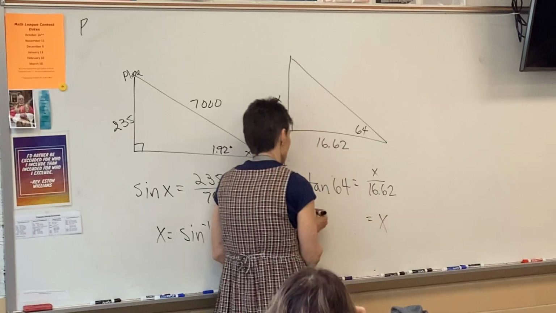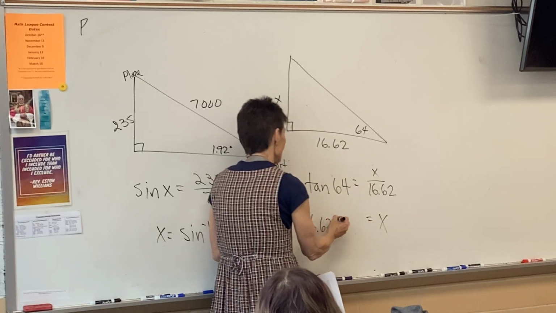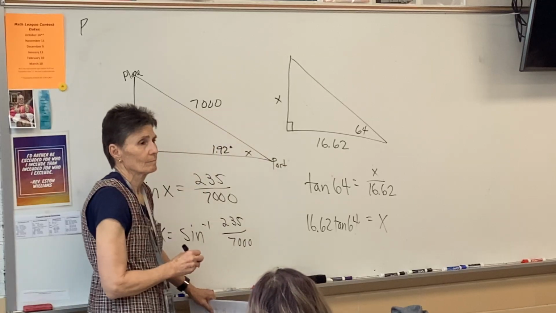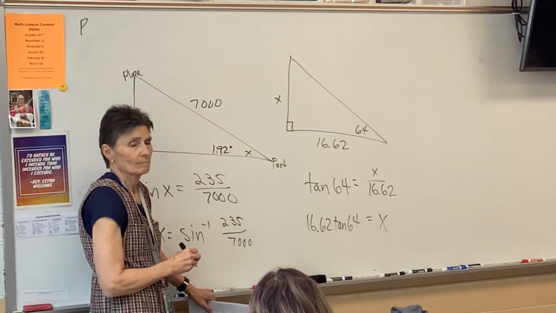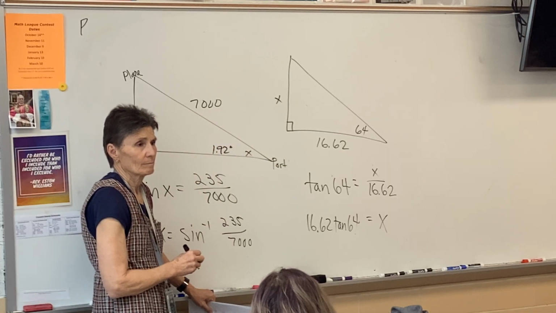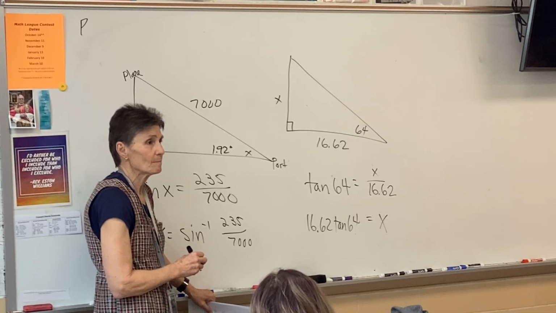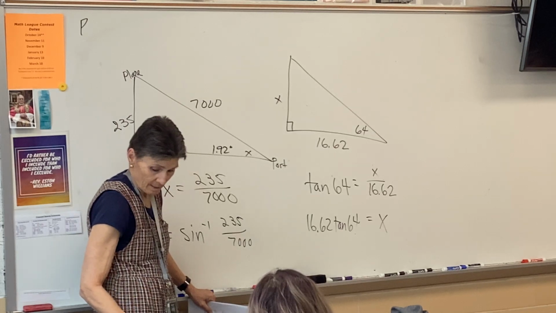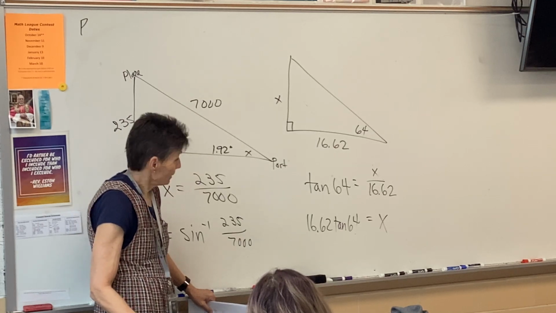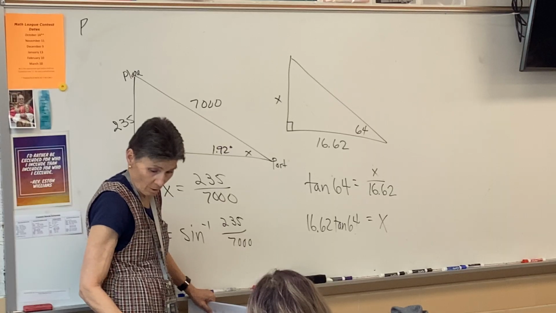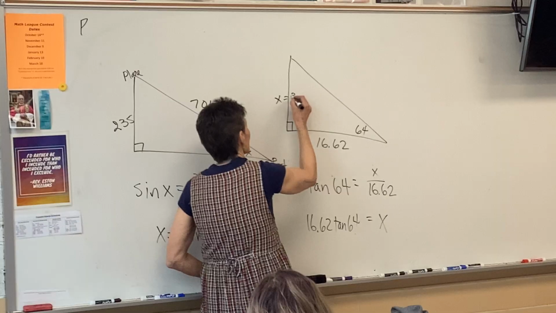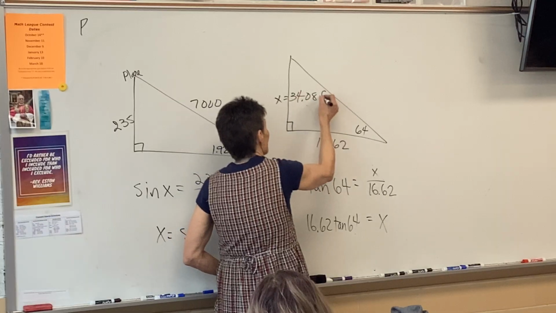X equals 16.62 tangent 64. So 16.62 tangent 64. Did you get 34.08? Feet.